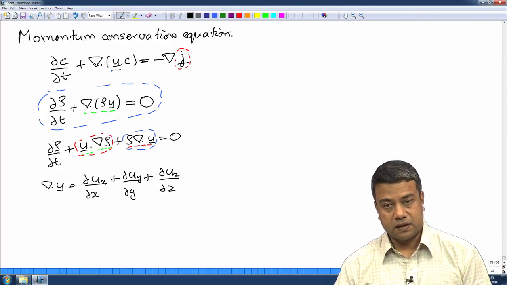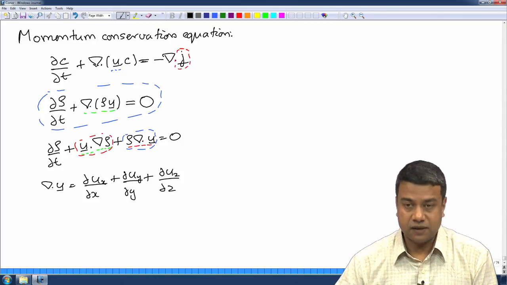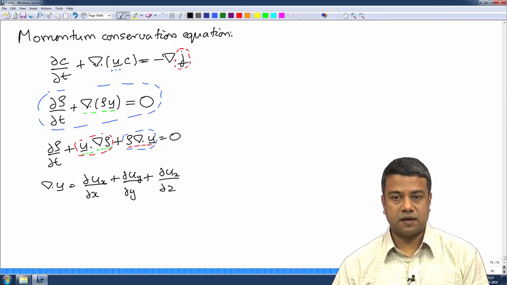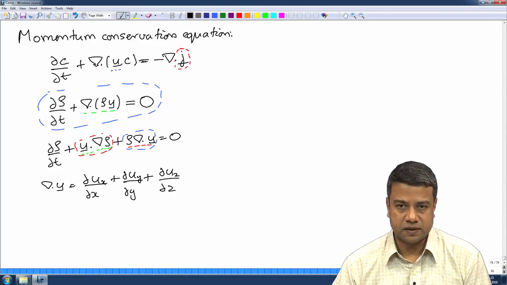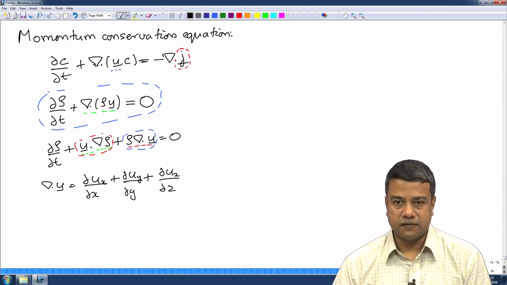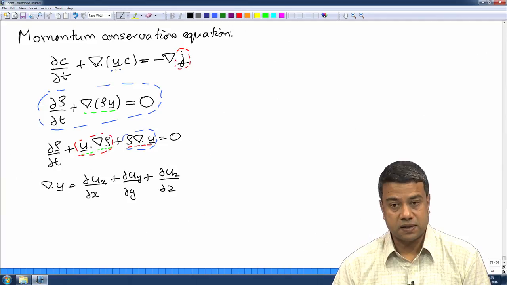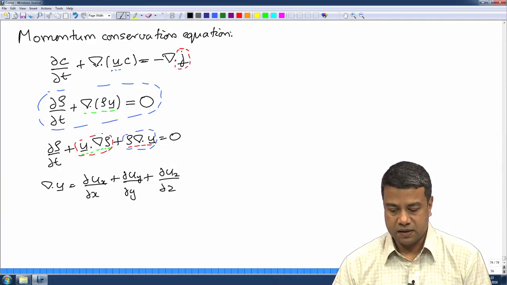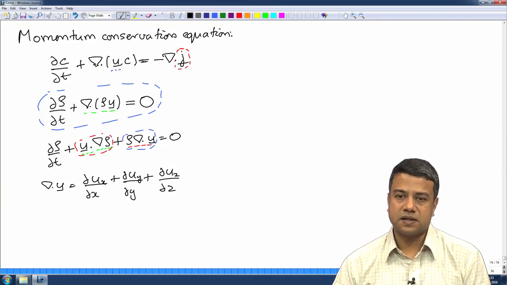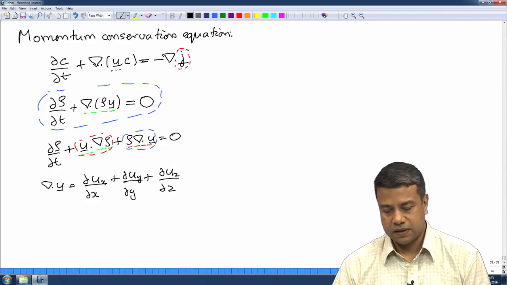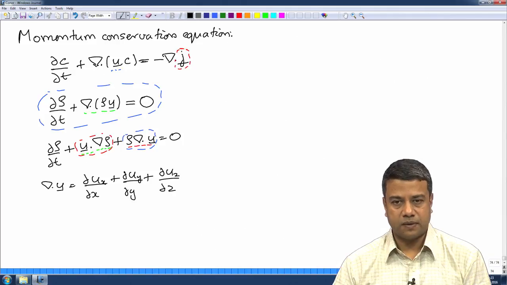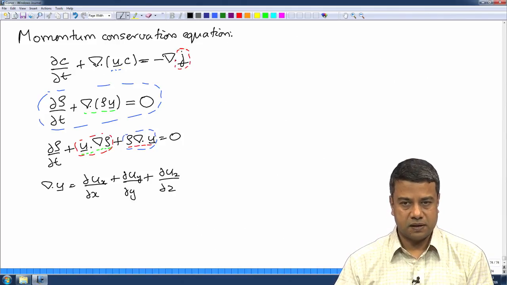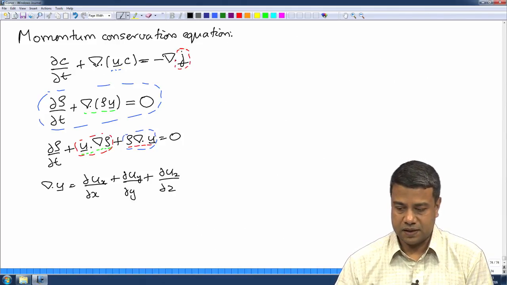Both the gradient operator here and the velocity are vectors, and you are taking the dot product of those two vectors. So, that gives you a divergence which is a scalar. So, there is a distinction between these two operators. The first is a gradient, the gradient of the density gives you a vector, and you are then dotting it with a vector velocity to get a scalar. On the other hand, in the last term, the divergence of the velocity, a dot product of the gradient operator and the velocity vector, gives you a scalar.